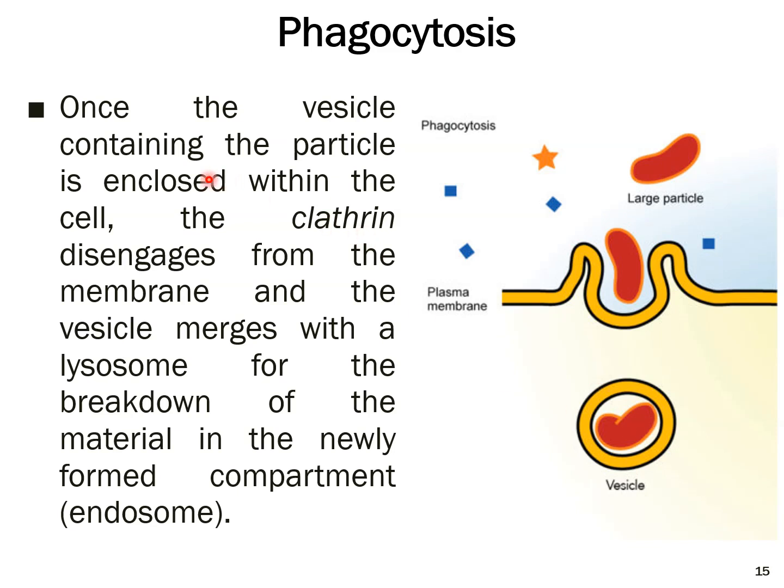Once the vesicle containing the particle is enclosed within the cell, the clathrin disengages from the membrane and the vesicle merges with a lysosome for the breakdown of the material in the newly formed compartment, which is called an endosome.